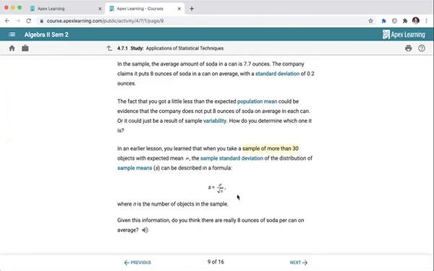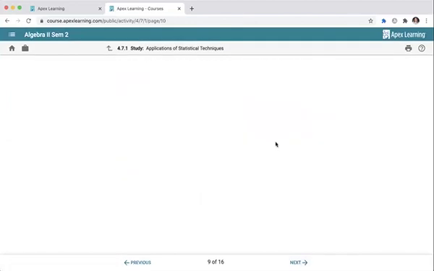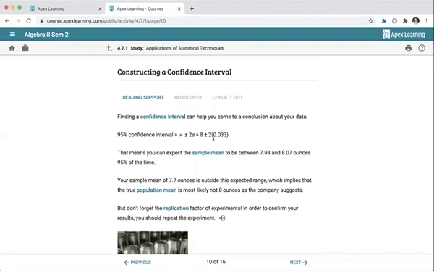Looking at our distribution, our standard deviation is equal to sigma over the square root of n, where n is the number of objects. When we look at this, we can take a look at our calculation.